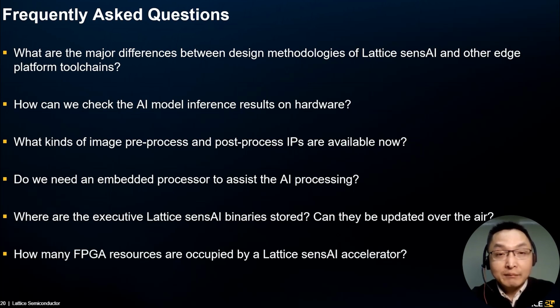Some examples can also be found in the public reference designs. For the non-AI parts, such as the pre- and post-processing, I think Lattice FPGA usually runs those functions in RTL. The implementations might be somewhat different from the software-based platforms.